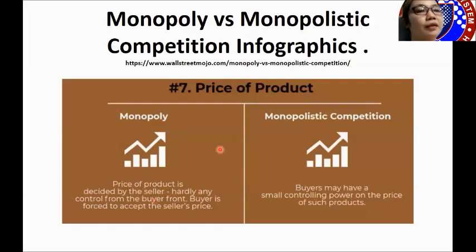For example, electricity: if the electricity company increases their prices, the buyer has no option but to pay for the electricity that they consume. In monopolistic competition, the buyers may have small controlling power on the price of such product.